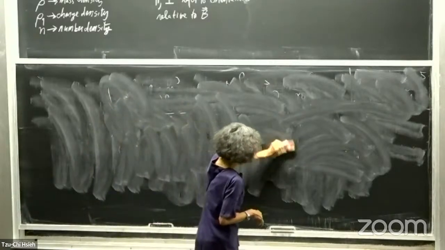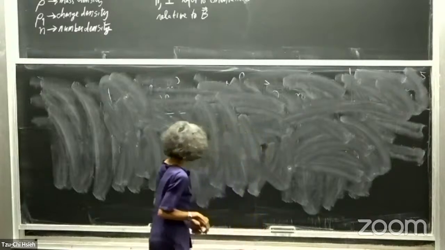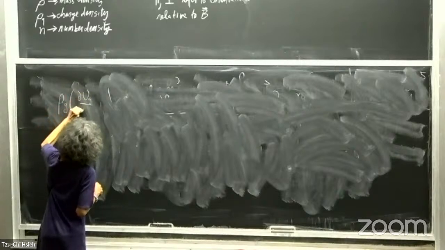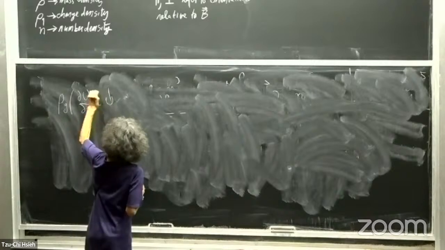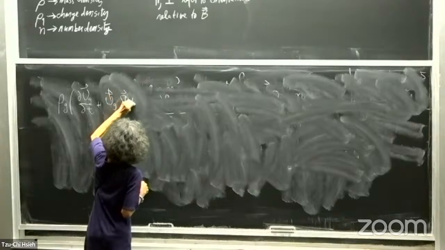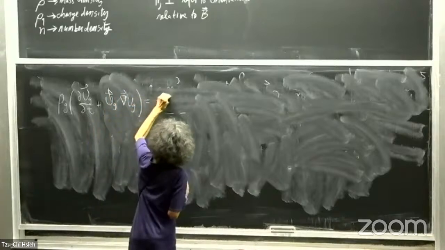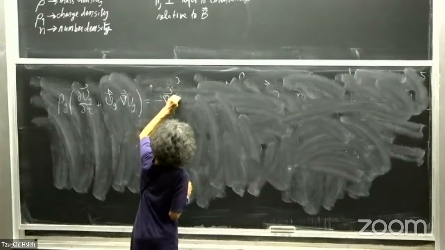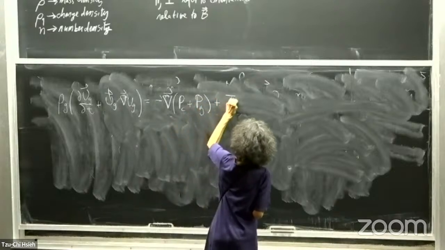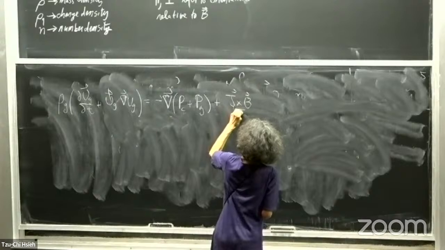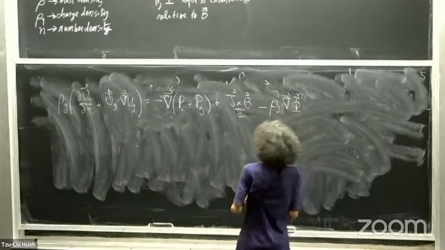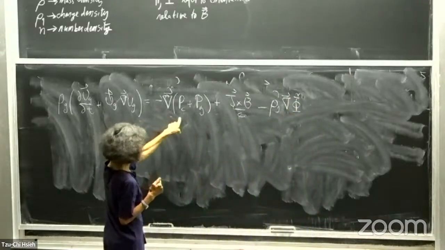So let's write down the gas momentum equation again. Rho g times (partial u_g partial t plus u_g dot grad u_g) is minus the gradient of (P cosmic ray plus P gas) plus J cross B over c minus rho gas grad phi. And let's remind ourselves of where this comes from.